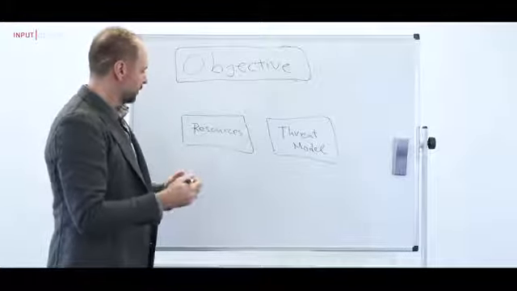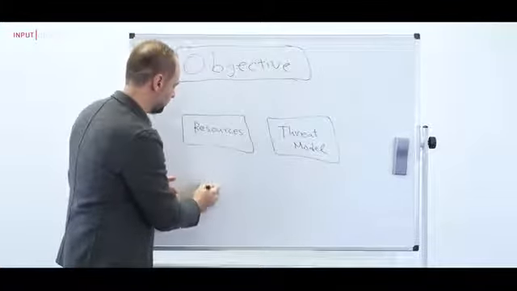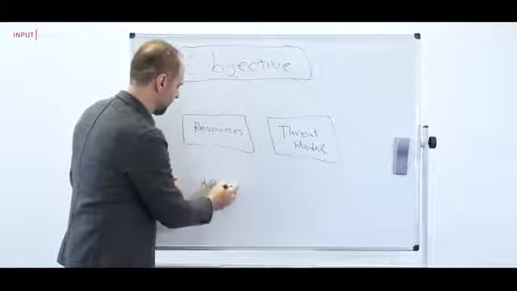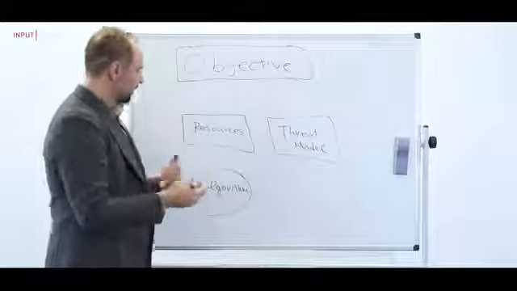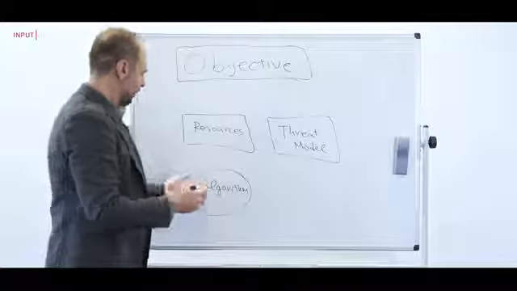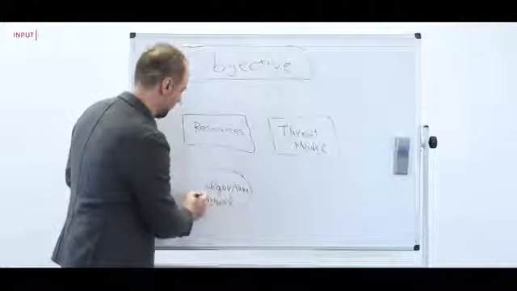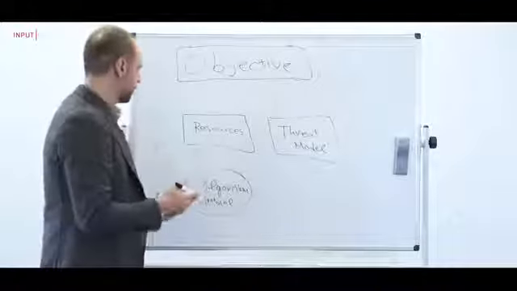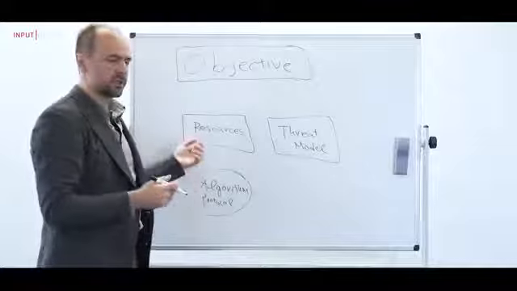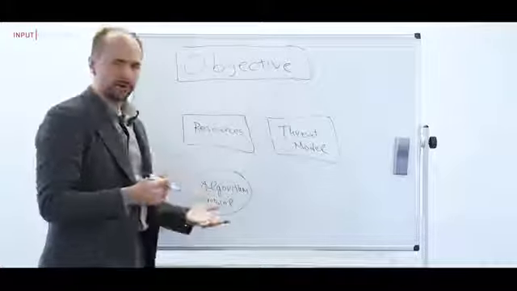Now, given these two, then comes an algorithm or a protocol. So the algorithm or the protocol will be code or a specification for code that uses the resources available and meets the objective given the threat model.